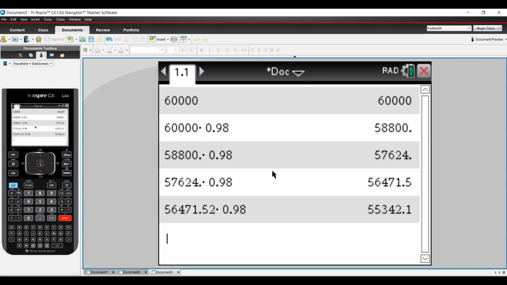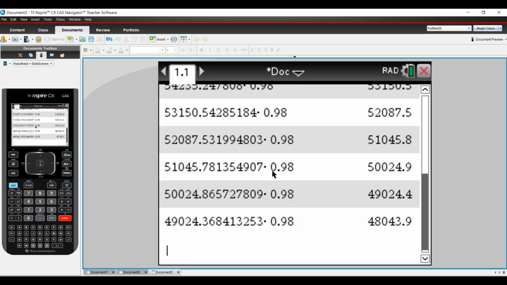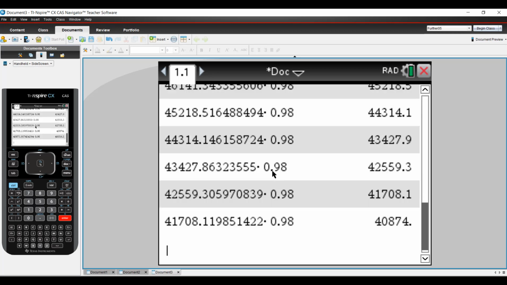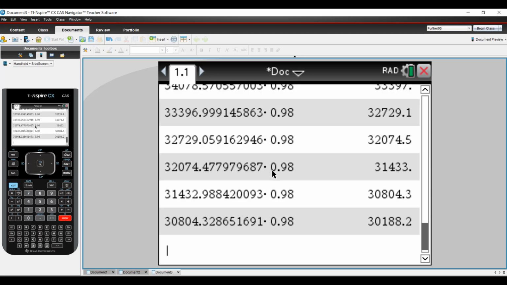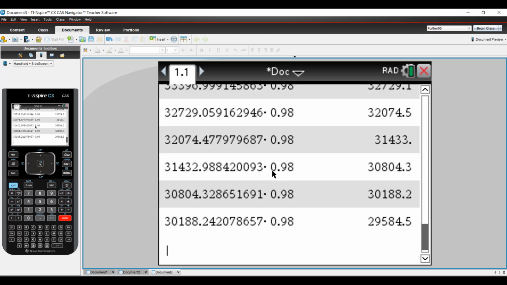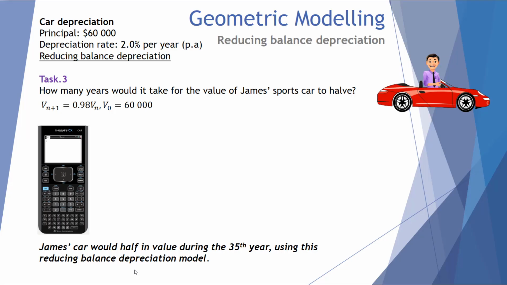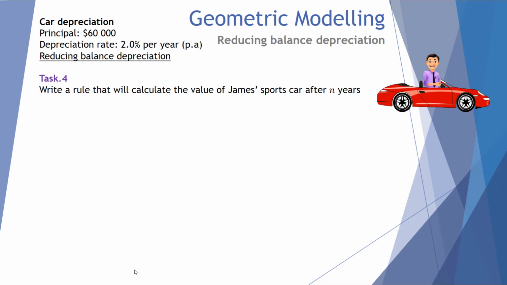So it's in the 35th year that this vehicle will reach half its value, from $60,000 to $30,000. So we found that James's car would halve in value during the 35th year using this reducing balance depreciation model.